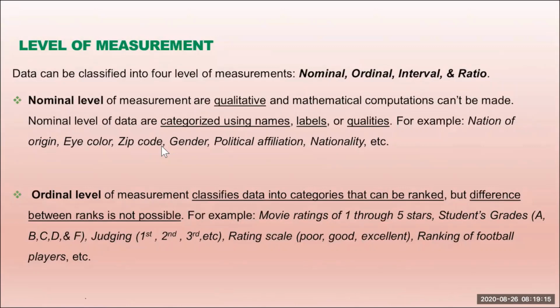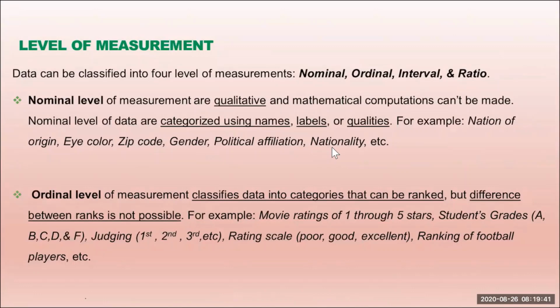Although your zip code is maybe 80011, the zip code for CCA, that is nominal because we don't add, subtract, multiply, or divide zip codes. Similarly, gender, it's also nominal. Political affiliation, okay? I am a Republican, I am a Democrat, or I'm non-affiliated. Political affiliation, that's also nominal.